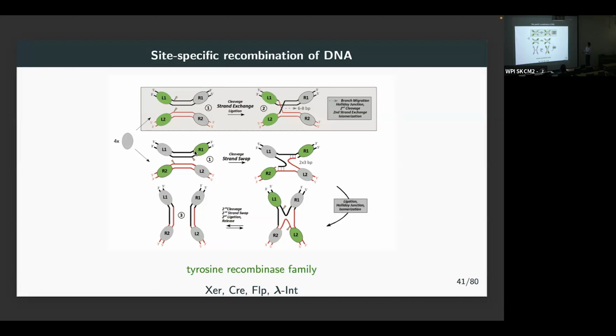As a result, this part is connected to this part, and this part is connected to this part. And this will change the sequence of the DNA. Site-specific means that the enzyme actually recognizes a sequence of the DNA that is called a site, and the enzyme acts only on that specific site. And that recombination is called site-specific recombination.